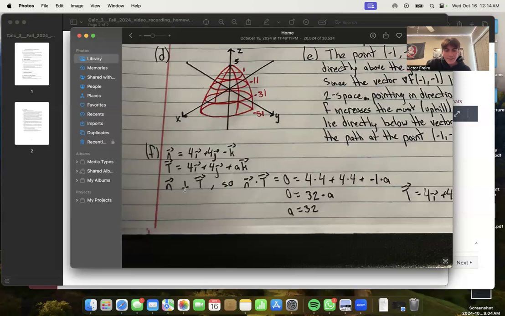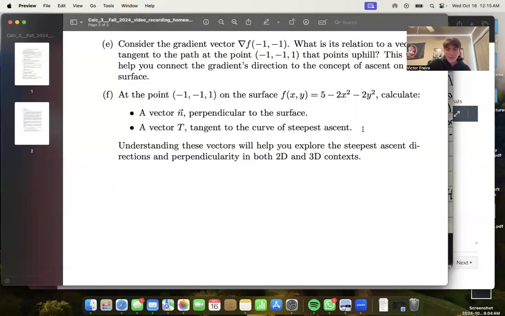So in order to find a, we're going to realize that these two vectors are perpendicular. The n vector is perpendicular to the surface, and the t vector is tangent to the surface.